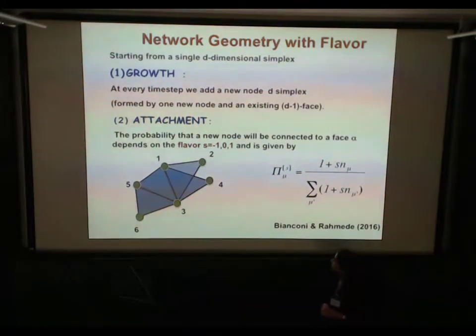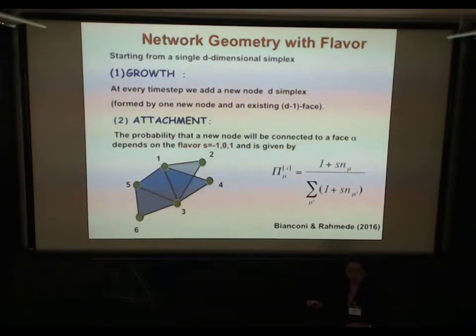So for example, at the last time step here, we attached this triangle with a new node and glued it to an existing link, that is link 5,3.